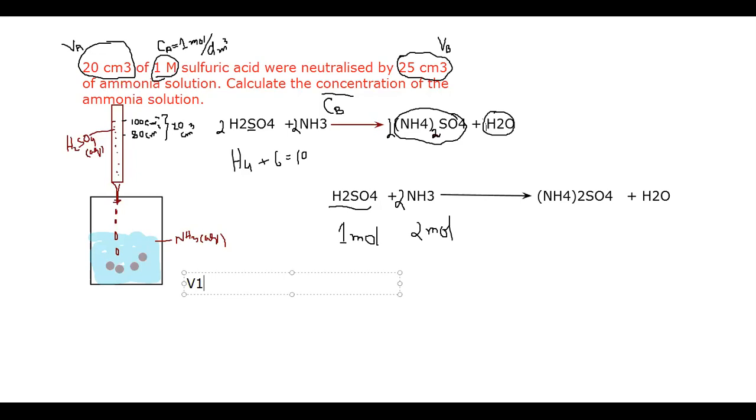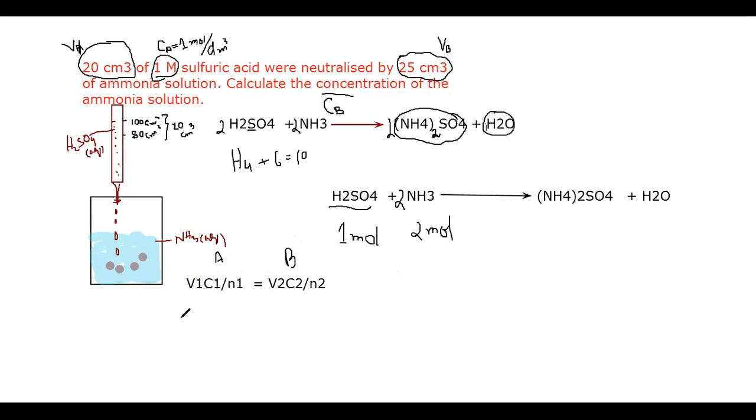V1 C1 divided by N1, this is the acid side, the left hand side is the acid side, is equal to V2 C2 upon N2. Now beta apply the values here. What is the value of V1? Va means the acidic side, that is V1. This is acid side and this is the base side.